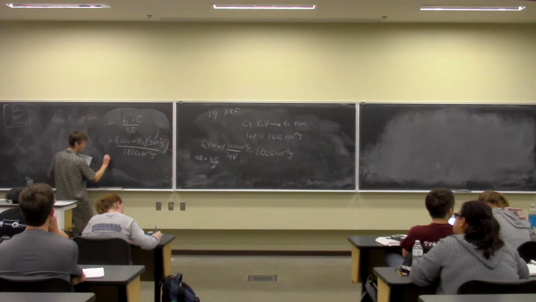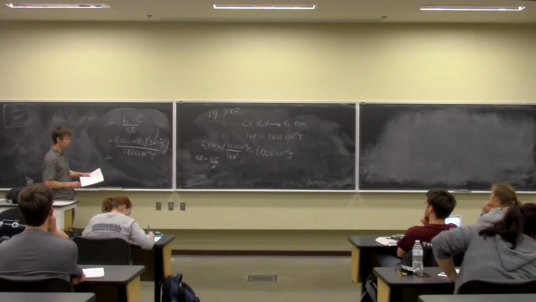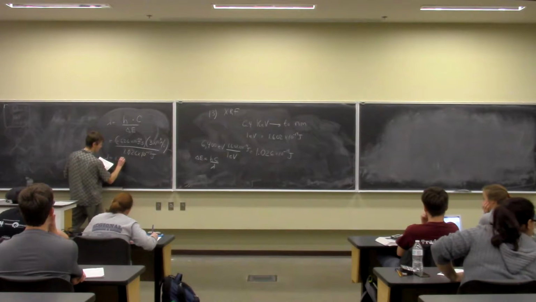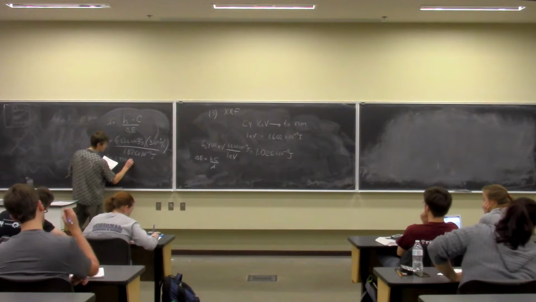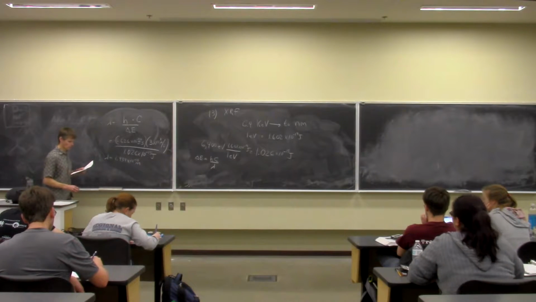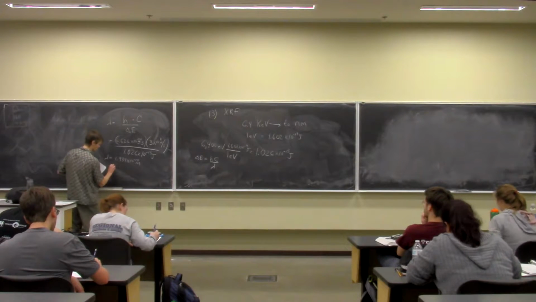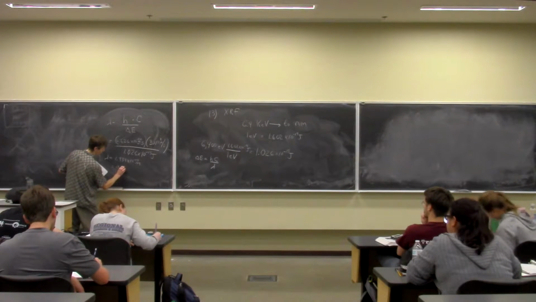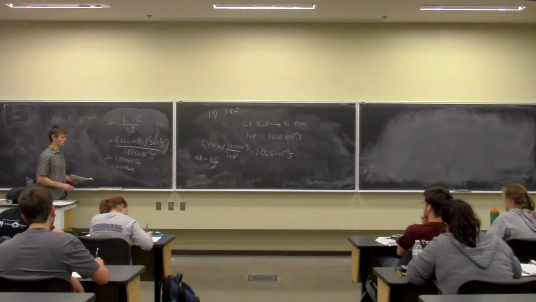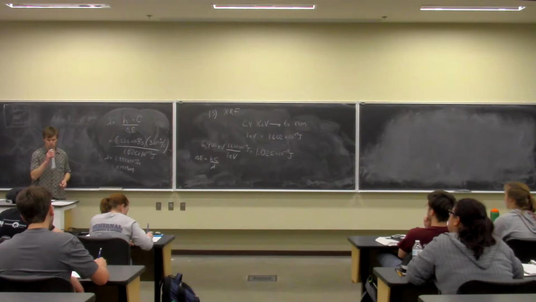If we calculate our wavelength using all this data, we're going to get 1.939 times 10 to the negative 10th meters, or 0.1939 nanometers. So that's how we would do that. Any questions on that?